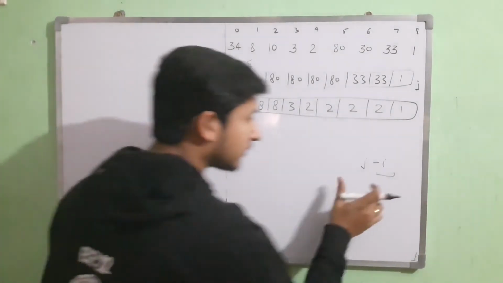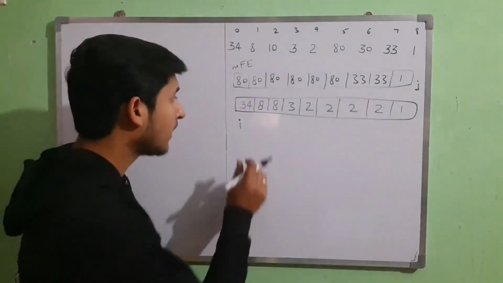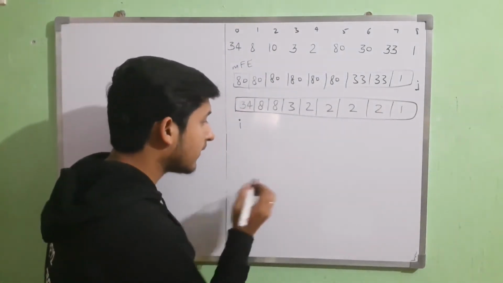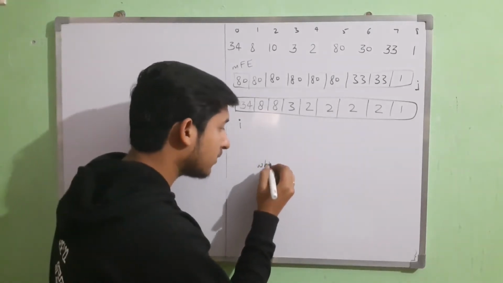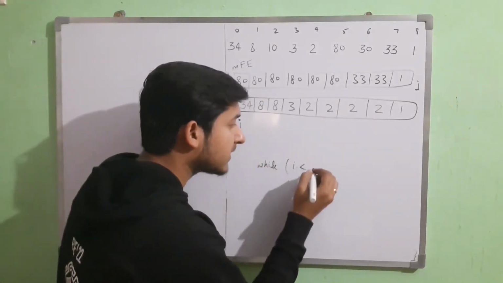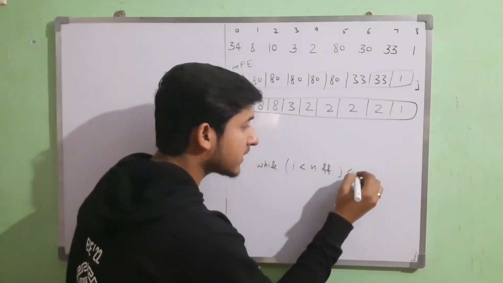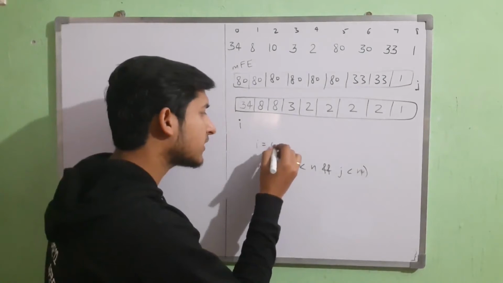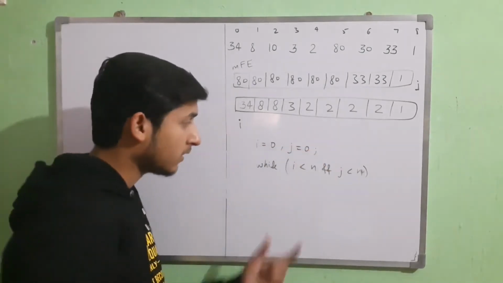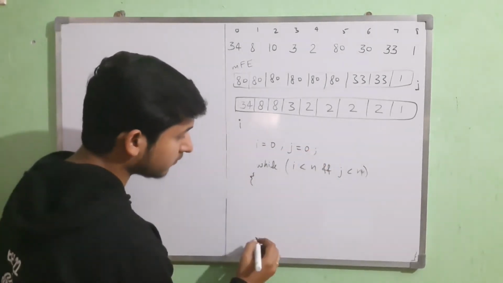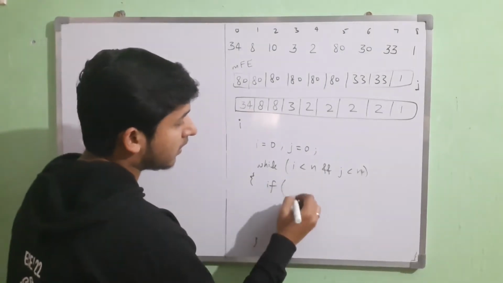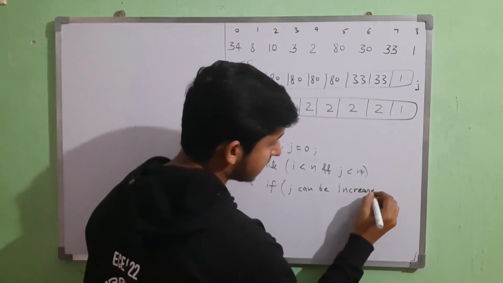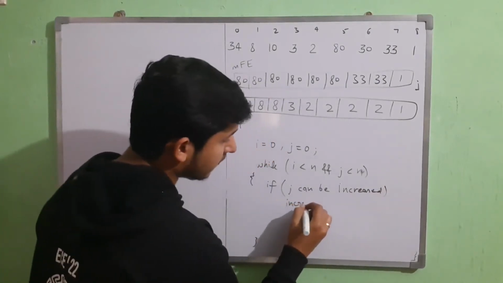In essence, we will first create two auxiliary arrays, then we will simply write the condition: while i is less than n and j is less than n, where i and j both are initialized with 0. While this is the condition, if j can be increased, increase j.